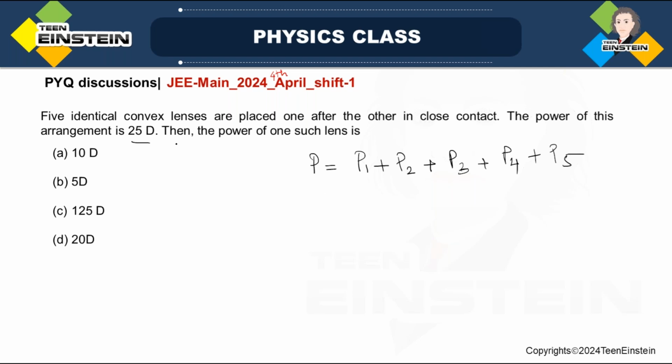These are actually identical convex lenses. So if I take the power of each of them is P, then I get 5P, and here it is given this is equal to 25 diopter. So the power of individual lenses will be 5 diopter. So option B will be the correct answer for this question. This was a so simple question.